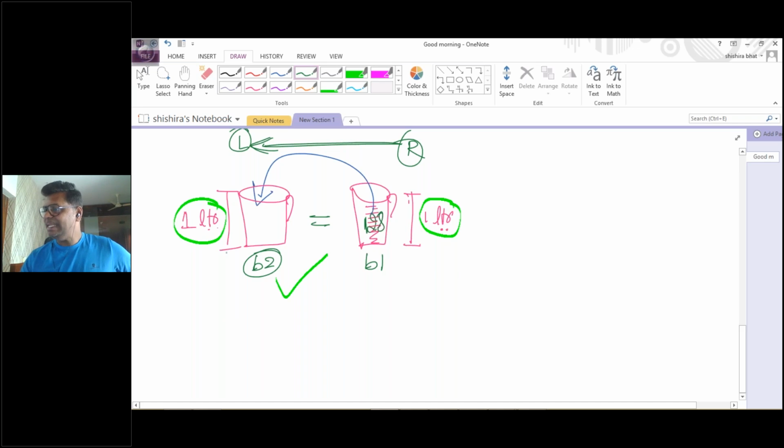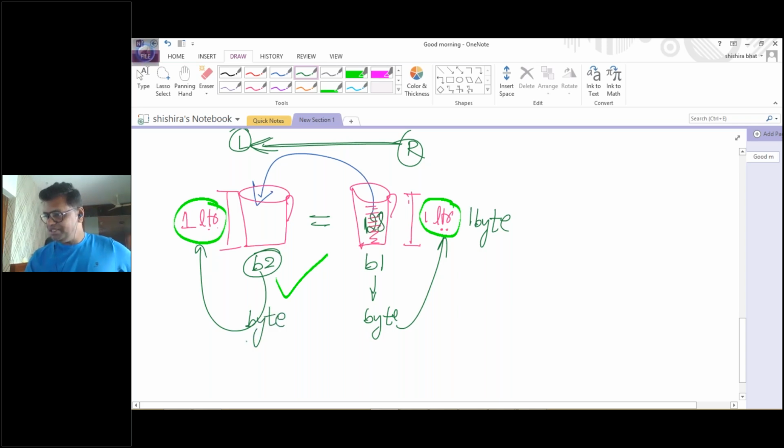But observe, b1 is byte, the capacity is 1 liter, nothing but 1 byte of memory. Similarly, b2 is also byte, and its capacity is 1 byte. Since the capacity is the same in both cases, it is not at all an issue.